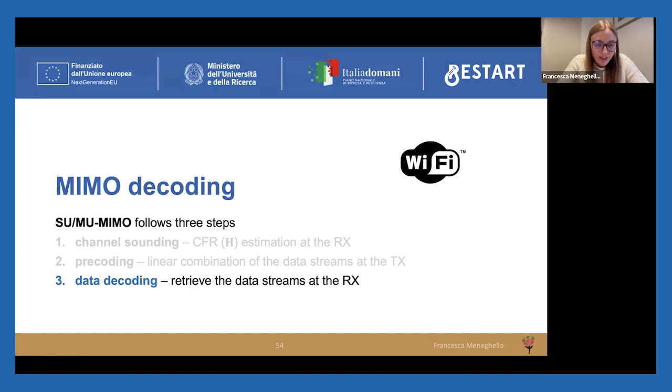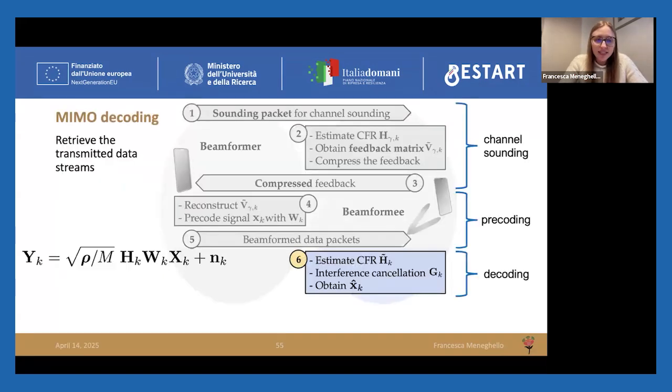So we arrived at the last operation that we have to perform in order to implement MIMO networks in Wi-Fi, that is data decoding. And this is implemented at the receiver by estimating again the wireless channel by using the training fields that are included inside the beamformed data packets.